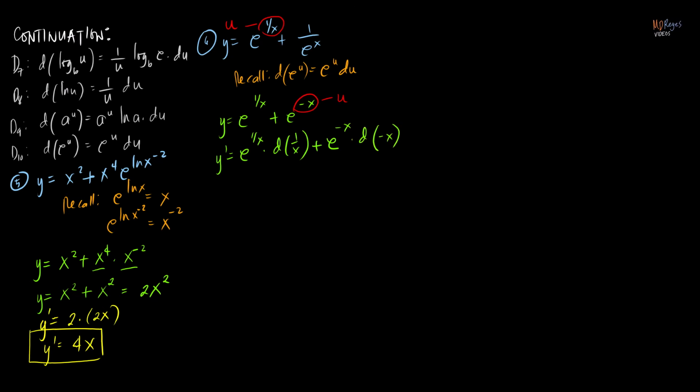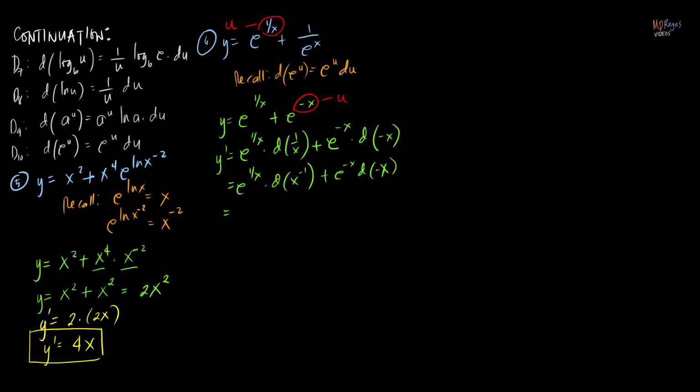We are differentiating with respect to x. So 1 over x, as we know, can be written as x raised to negative 1. So it's e to the 1 over x times the derivative of x raised to negative 1 plus e to the negative x times the derivative of negative x.